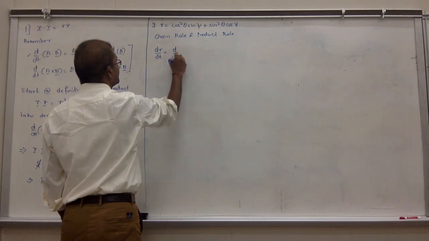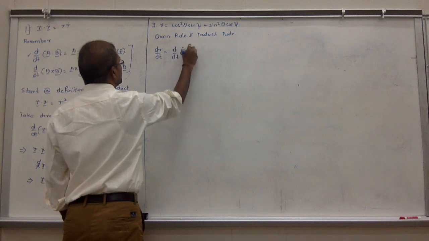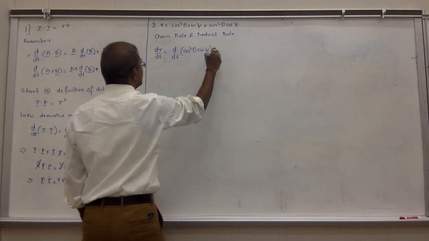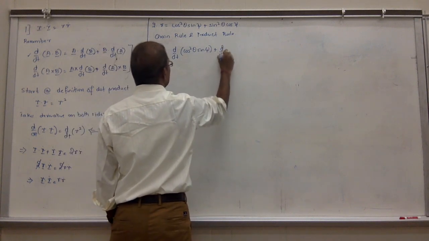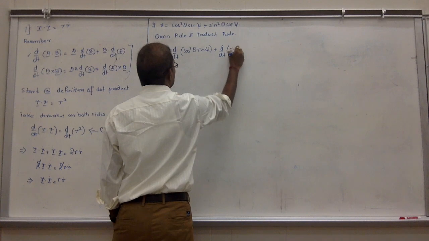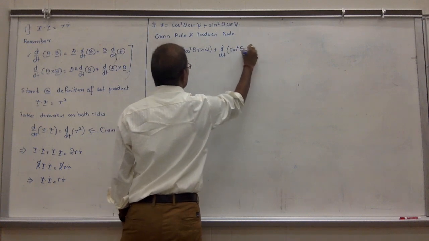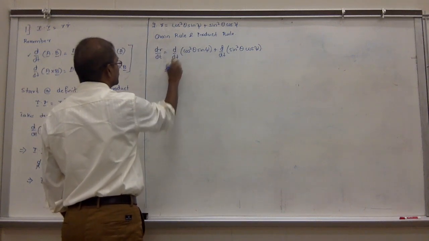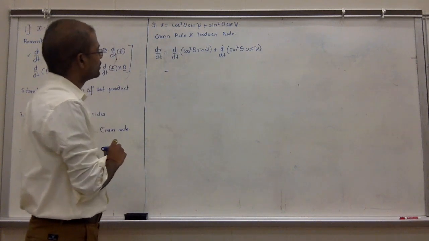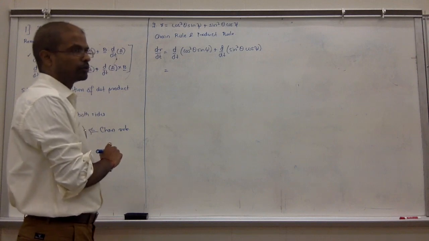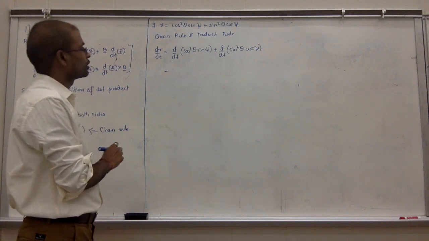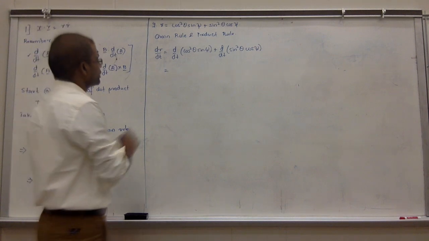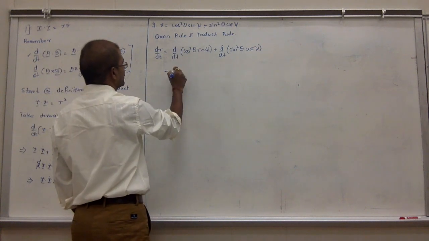d by dt of cosine square theta sine psi plus d over dt of sine square theta cosine psi. Alright. So for the first term, you first apply the product rule. You actually have to apply both the product and chain rule in both terms. So you have cosine square theta, right?